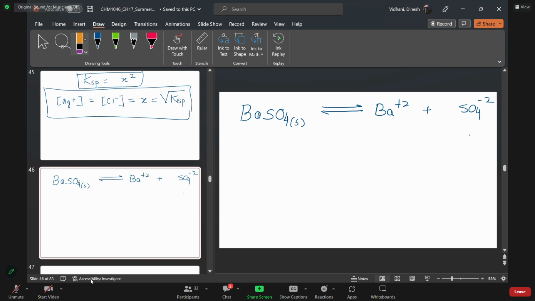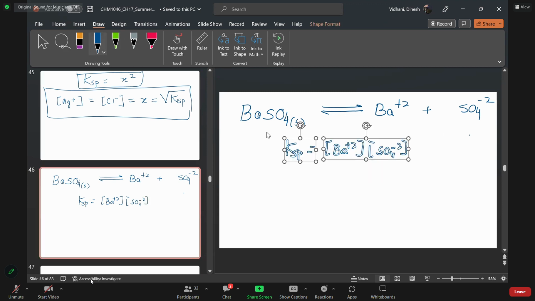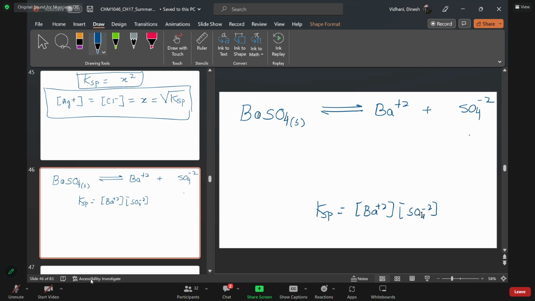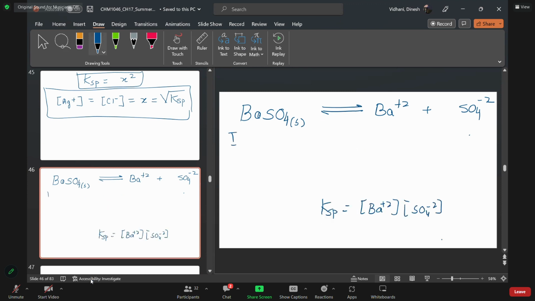Now in this case, it looks quite straightforward, just like your AgCl. I can simply write here my KSP, which will be the concentration of barium ions and sulfate ions. That would be my KSP. Now, if I build the ice table, it will look exactly like your silver chloride. So, initial, change, equilibrium.